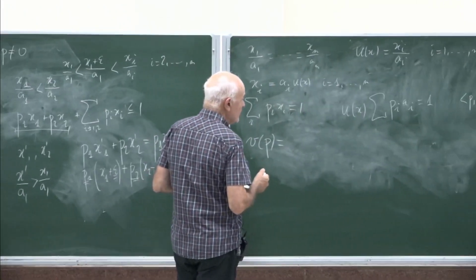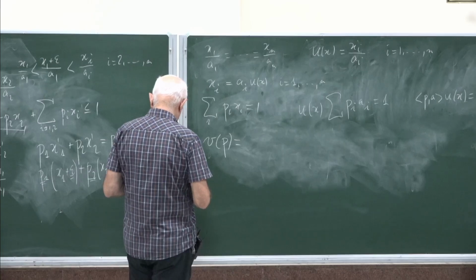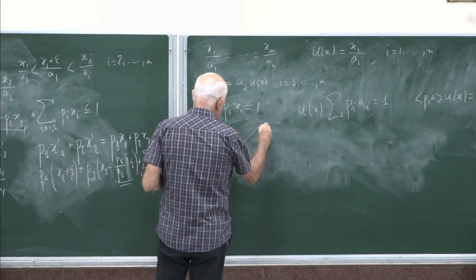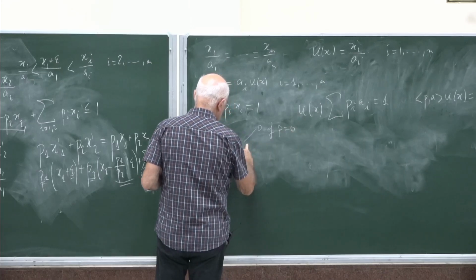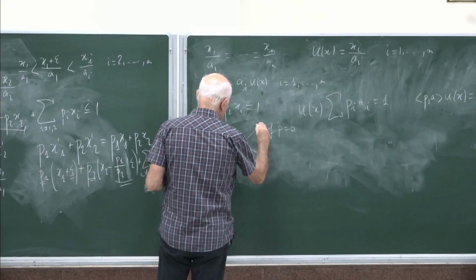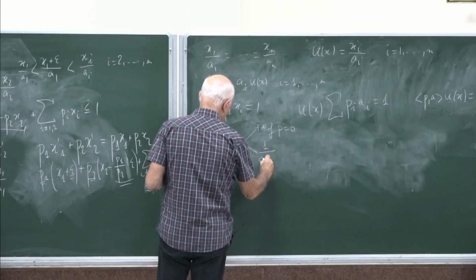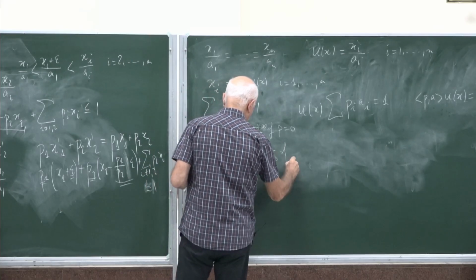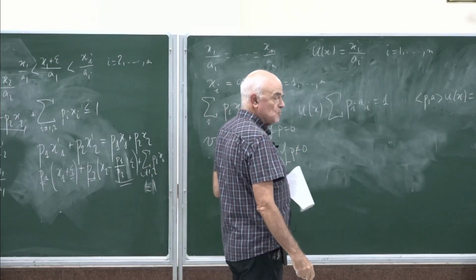Okay. So this is the expression for v of p: plus infinity if p is equal to 0, and 1 over p·a if p is different from 0.